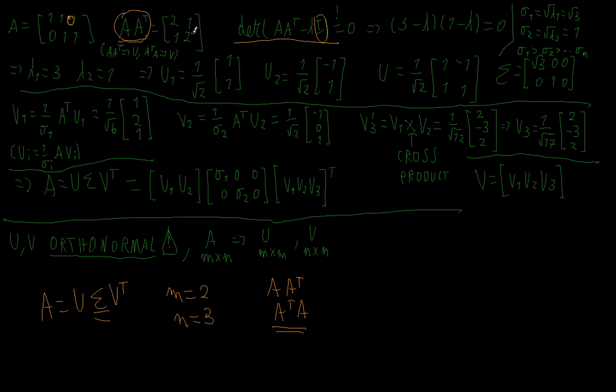We get 3 minus lambda times 1 minus lambda equal to 0. And so lambda 1 will be 3, and lambda 2 will be 1. Those are our eigenvalues.